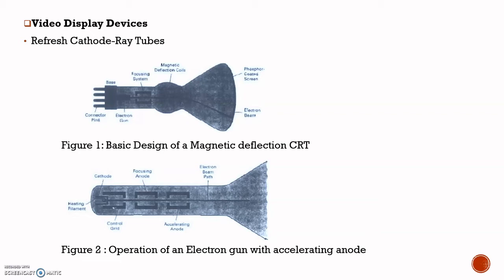The heating filament supplies heat to the cathode by directing a current through a coil of wire called the filament inside the cylindrical cathode structure. So all this happens inside the cylindrical cathode structure. Heat is produced by directing a current through a coil of wire. This causes the electrons to boil off and heat the cathode surface.